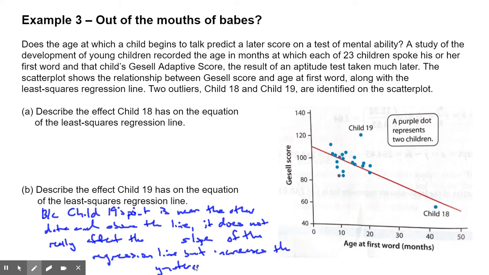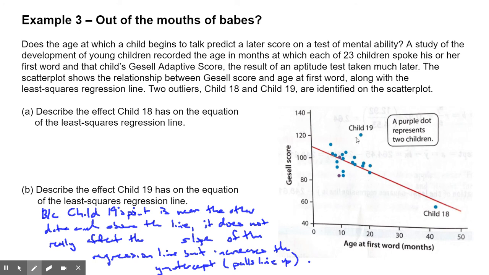Hopefully you can see this. Sorry if it's too low. And again, that's because it pulls the line up. So again, that says because child 19's point is near the other data and above the line, it does not really affect the slope of the regression line, but increases the y-intercept.